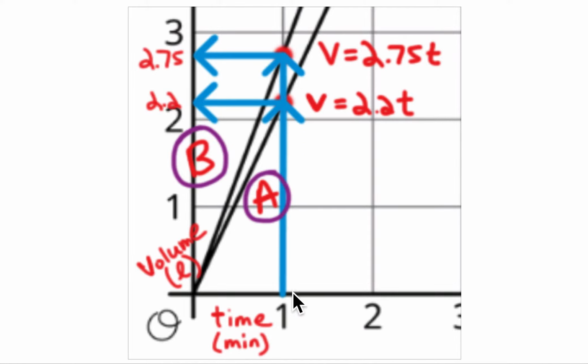Tank B, the vertical measure is 2 7/5 for every 1 minute. So the slope, the measure in the vertical direction, is 2 7/5 units for every 1 unit in the horizontal direction.